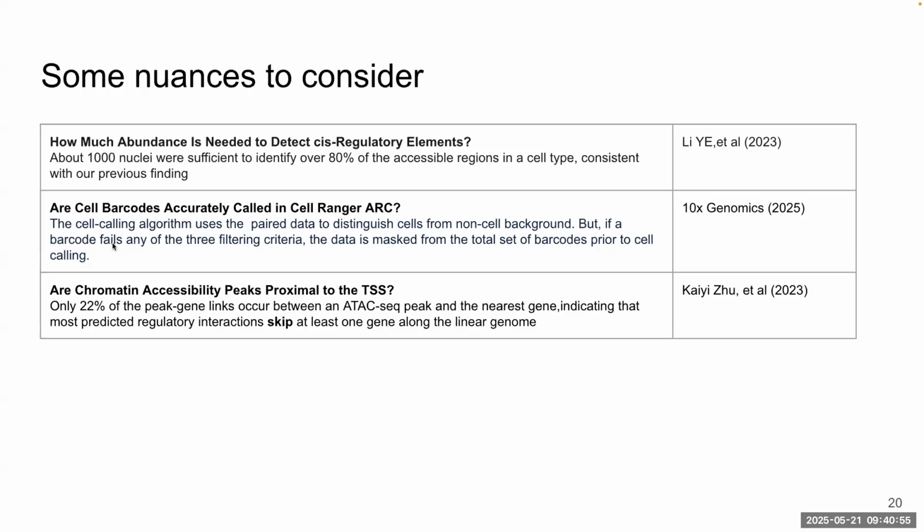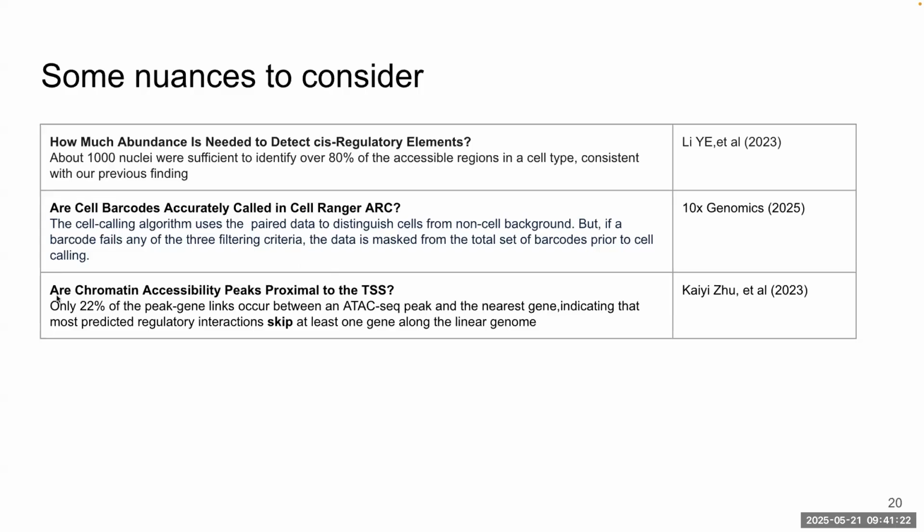But if the barcode fails any of the filtering steps, the data is basically masked from the total set of barcodes prior to the cell calling. So what this means is that you are going to lose a lot of cells, because these data are masked if they don't pass the thresholds. So you have alternatives, but this is what it is.